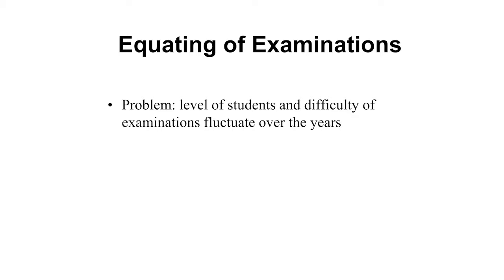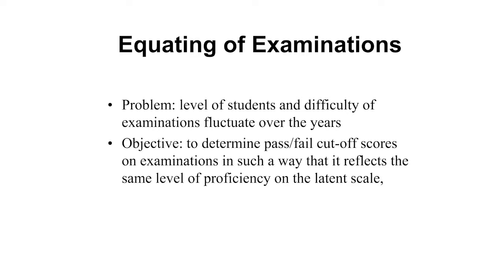It could be that there is a downward trend in the level of the students and the level of the examinations, and together they go down, and you wouldn't notice. So that's where the project started. The problem: the level of the students and the difficulty of examinations fluctuate over the years.